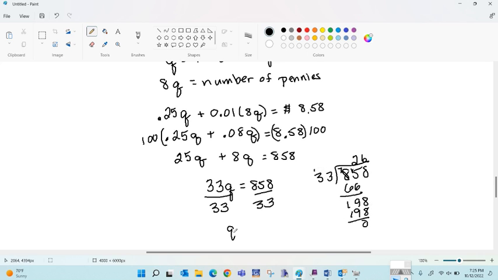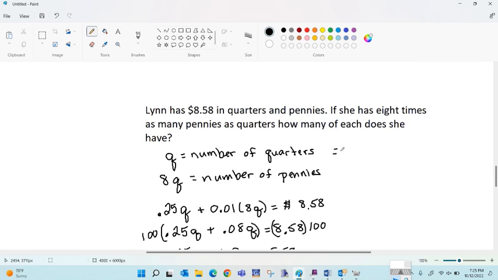So we have the number of quarters is going to be 26 quarters. Eight times 26 for our pennies. So 208 pennies.